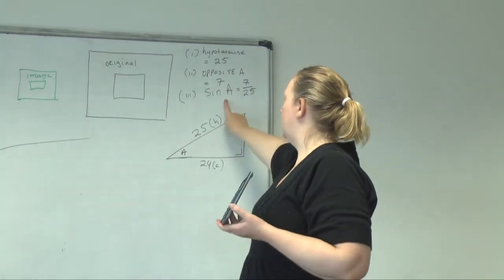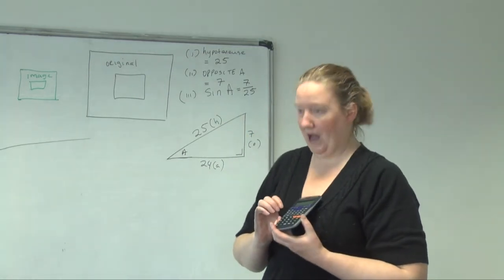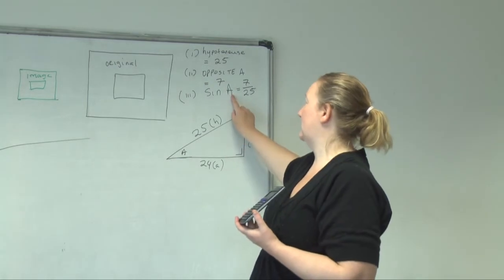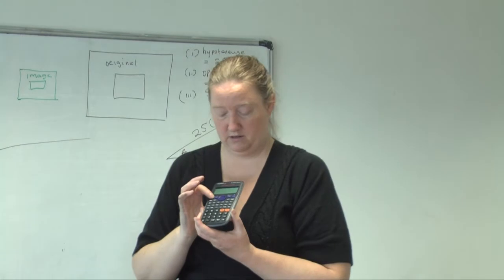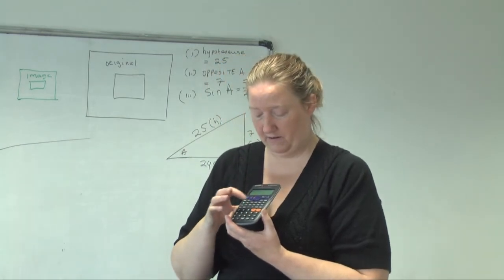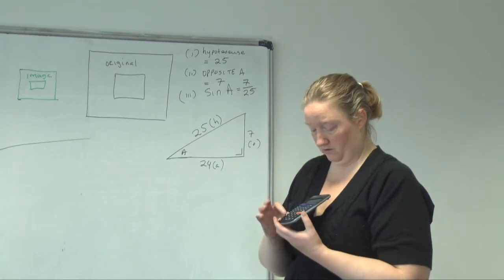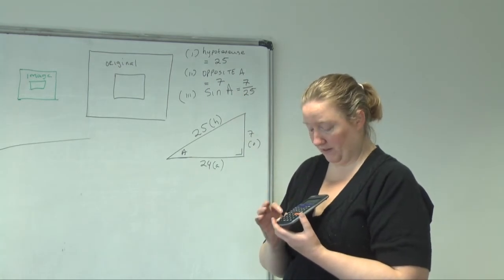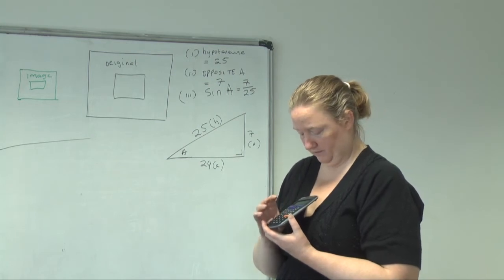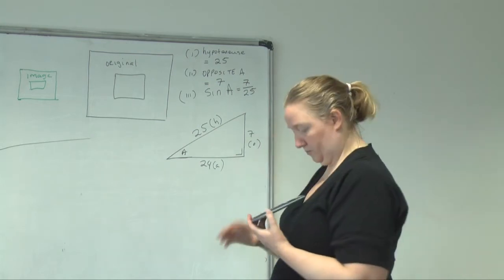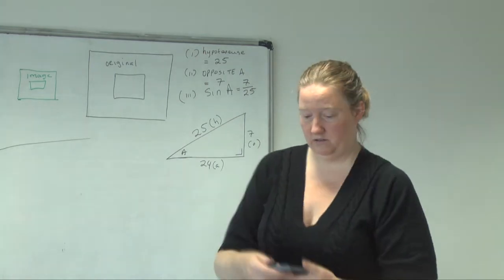So, to get what the angle is, you do the reverse of the sine of A. So you do shift, sine, pull up your fraction, put in your 7 over 25, close your bracket, and press equals, and you get your answer.